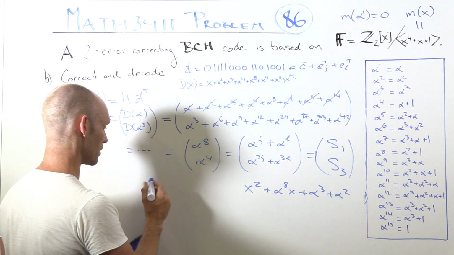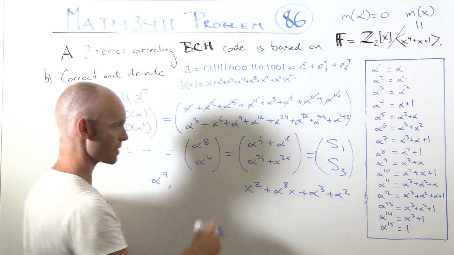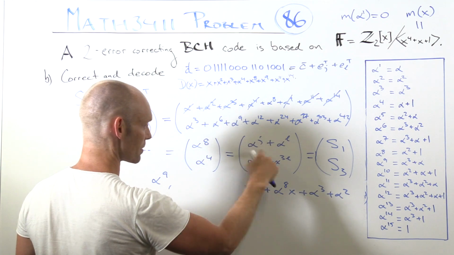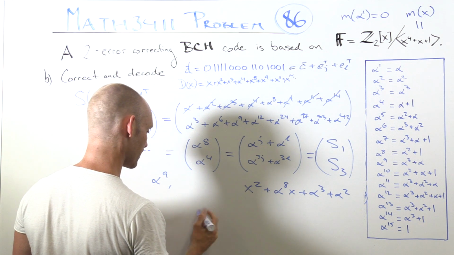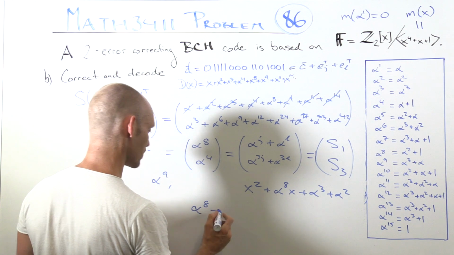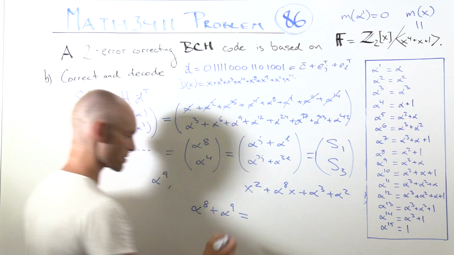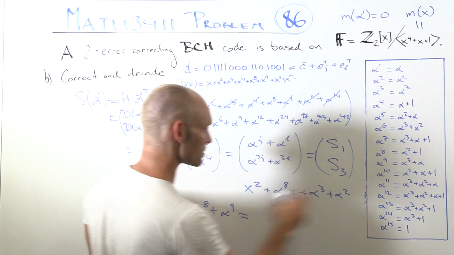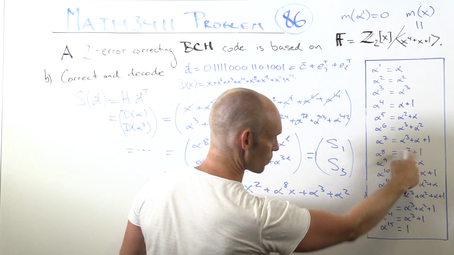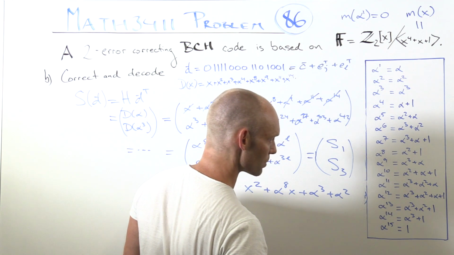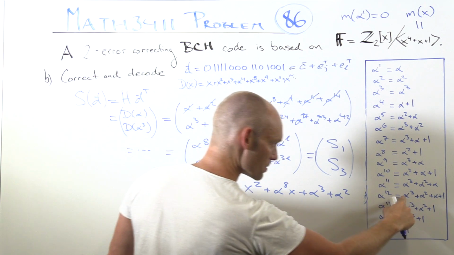So alpha to the power of 9. And the other one we can find without testing anymore. We just see that the sum of these was equal to alpha to the power of 8. So alpha to the power of 8 minus one of the roots, alpha to the power of 9. And here minus and plus are the same. Well, let's look. 8 and 9. Just add these two together. In fact, you get all the powers, 1, alpha, alpha squared, alpha cubed, added together, which in fact is here.